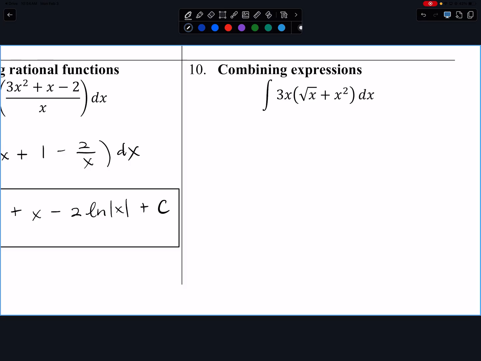I have a function on the outside, right? So why don't I multiply? Before I do that, do you guys agree that square root of x is the same thing as x to the 1/2? Okay, so 3x times x to the 1/2 is going to give me 3x to the 3/2, plus 3x times x squared is 3x cubed.